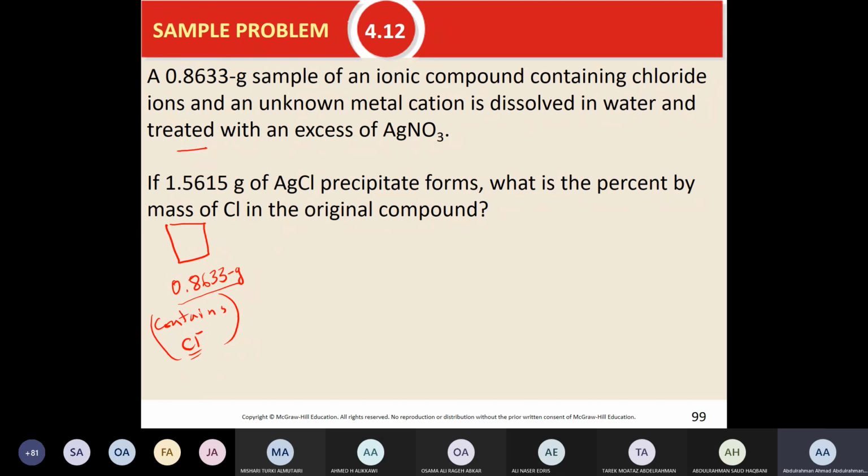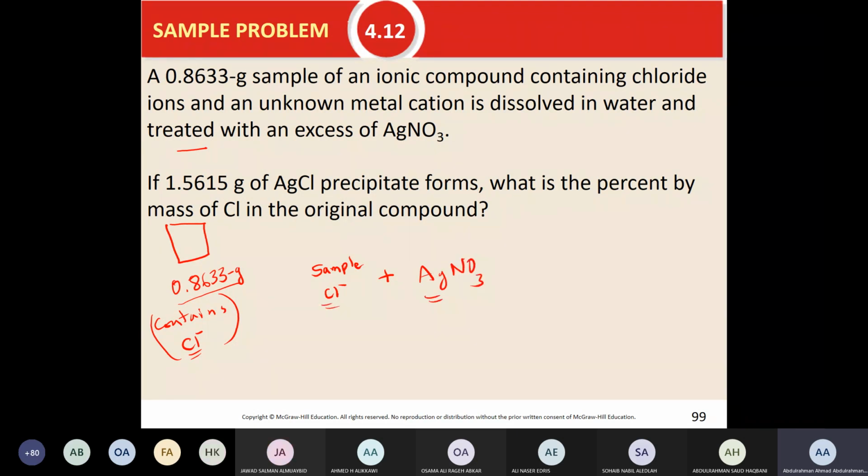All right. What I'm going to do is, we know that if you put the sample which contains Cl minus and you add to it AgNO3, what will happen?